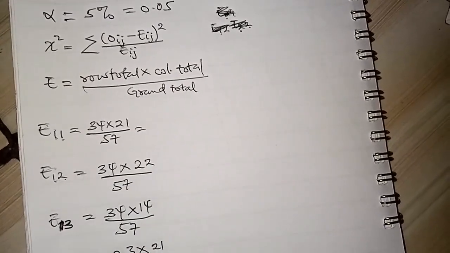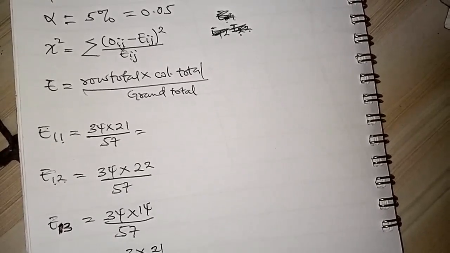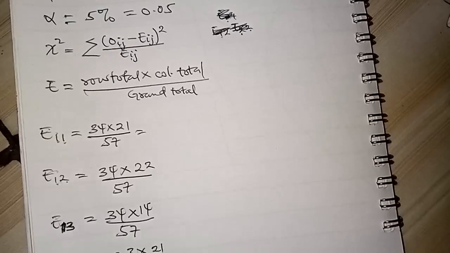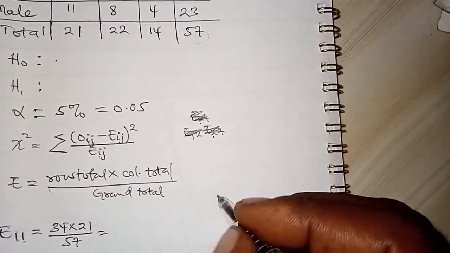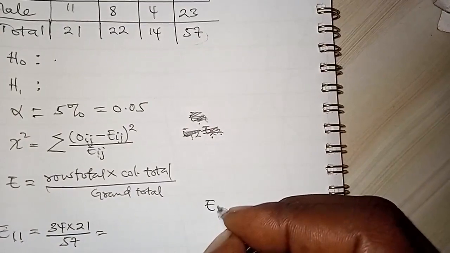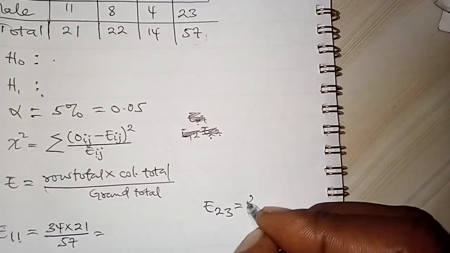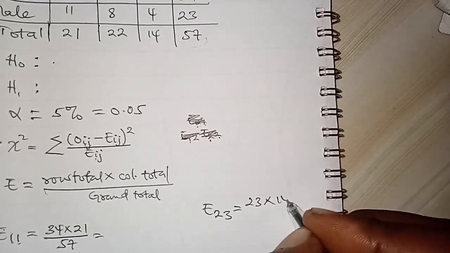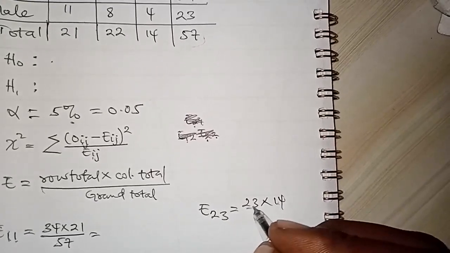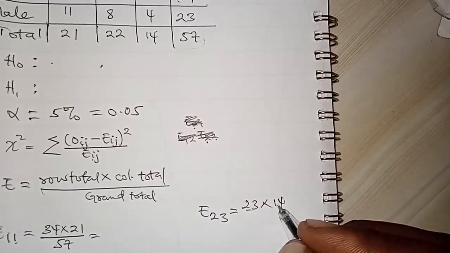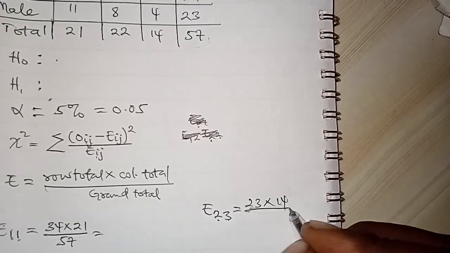E22: the total is still 23 times the total of the second column, 22, over 57. E23 will be 23 times 14, the total of the second row times the total of the third column, so second row, third column, over the grand total.